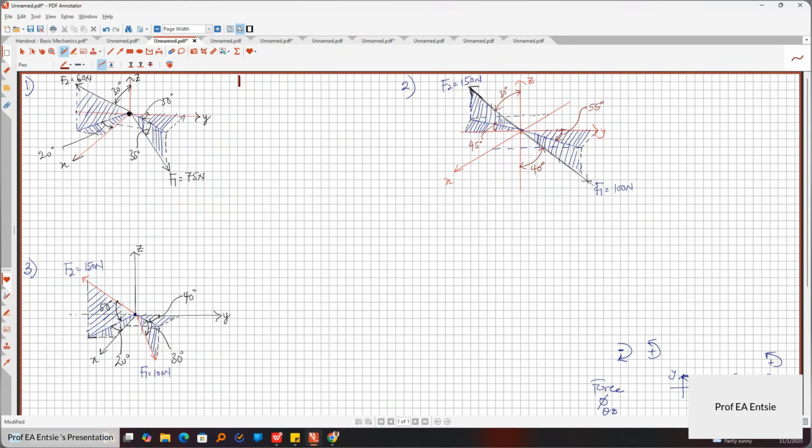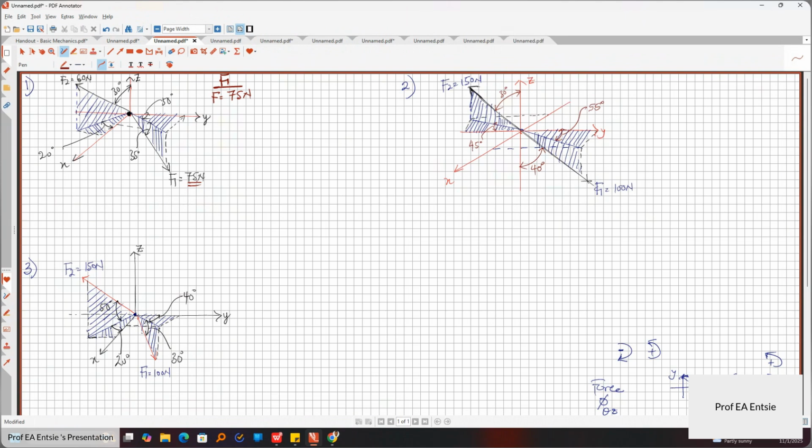When we take F1 like this, the force F that we are considering, that's the resultant, is 75 newtons. You can see that.